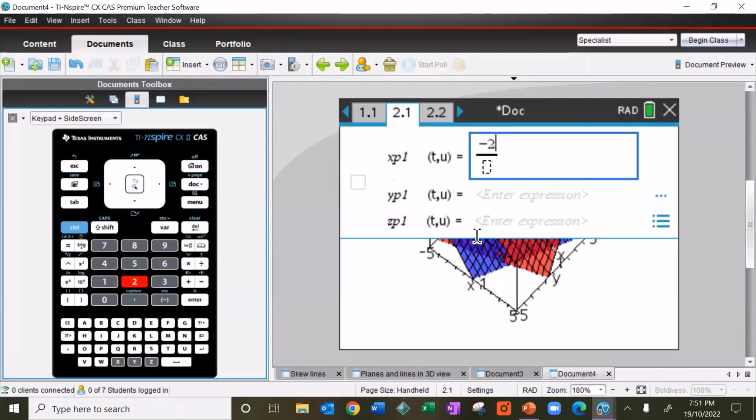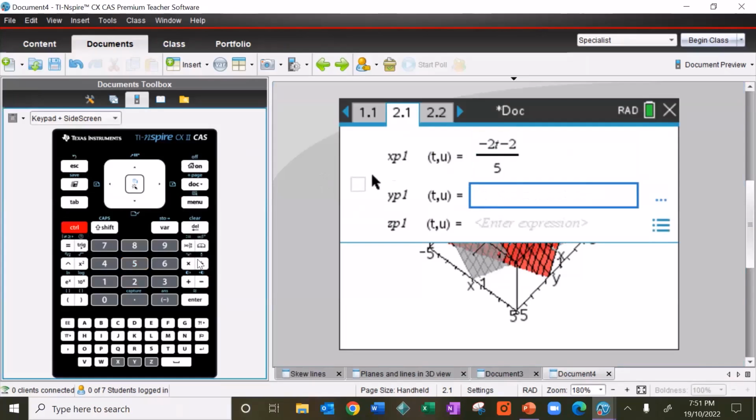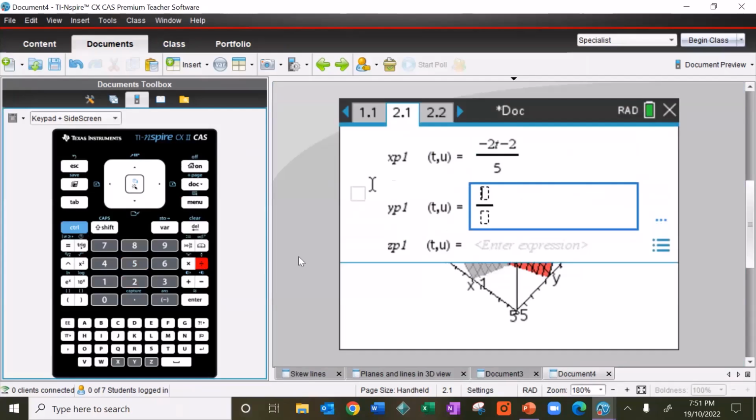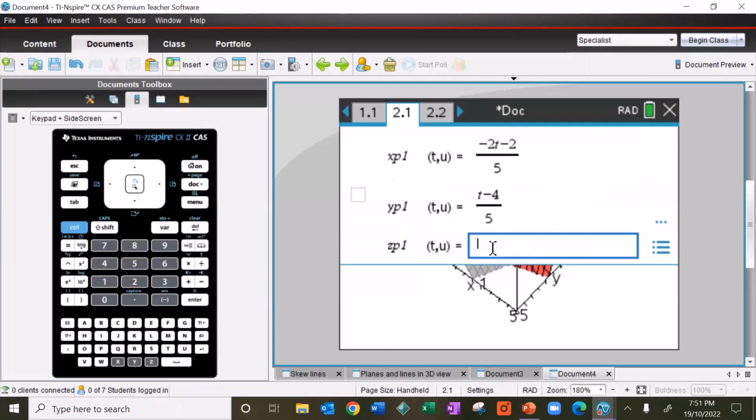So we had minus 2t minus 2 on 5. And y was, again, if I use the fraction, that's easier, t minus 4 over 5, and z was t.